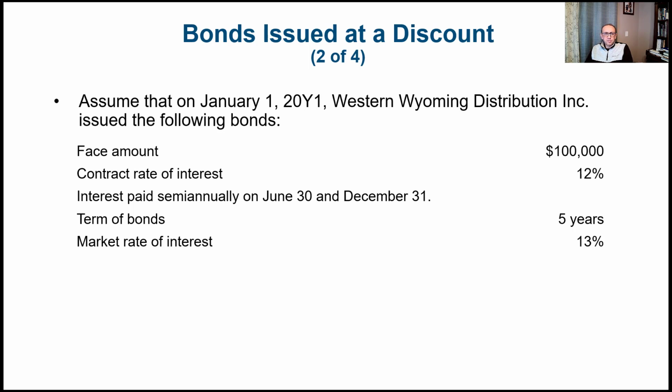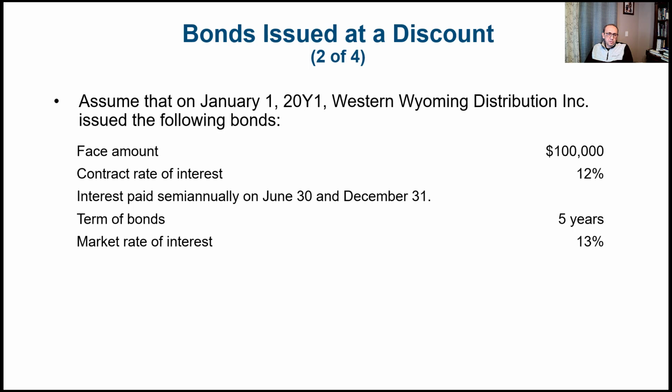Assume that on January 1st, year 1, Western Wyoming Distribution Incorporated issued the following bond. Again, $100,000 face amount, and the contract rate of interest is 12%. Similar to the previous example, interest is paid semi-annually on June 30th and December 31st, which means twice a year. The term of the bond is 5 years, so we expect 10 interest payments.